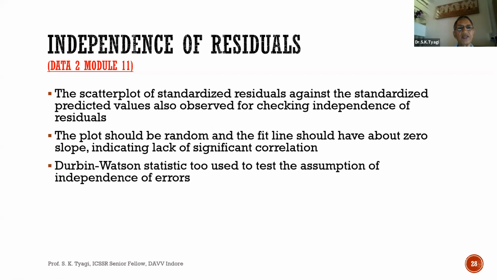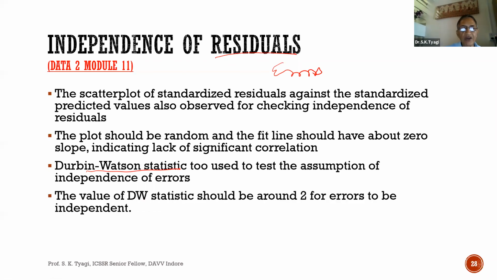Now there is another way this is tested, and this is Durbin-Watson statistics, which is also used to test the assumption of independence of error. Residuals are also called errors. So Durbin-Watson statistics is also used for interpreting this. The value of Durbin-Watson statistics should be around 2 for errors to be independent.